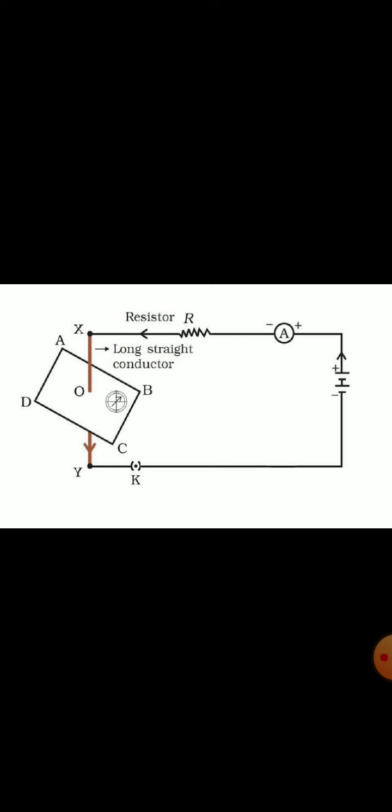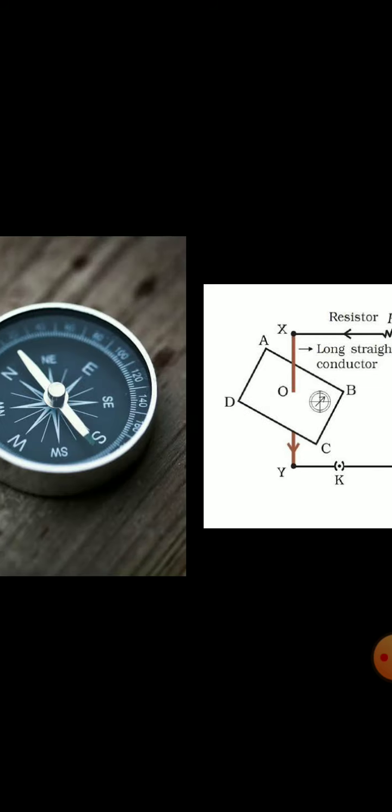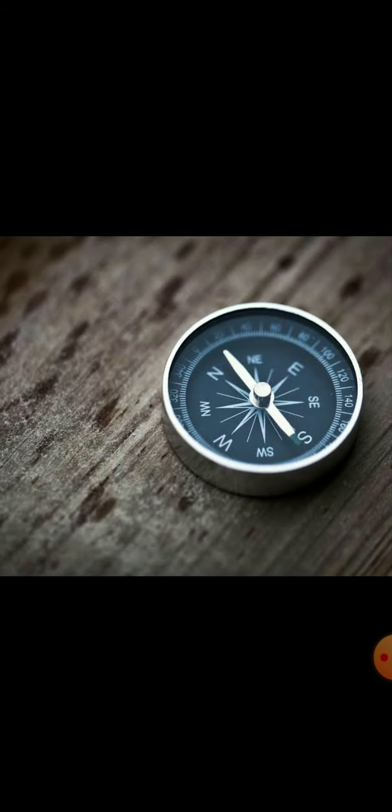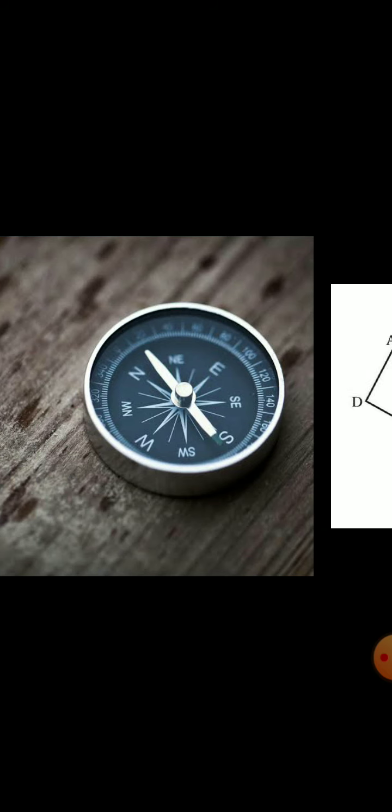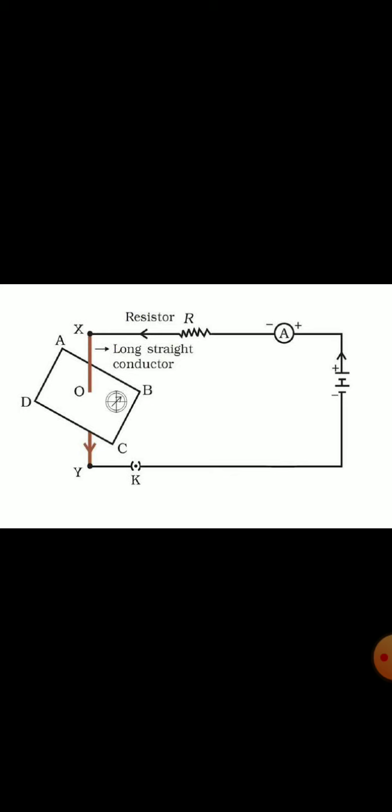Now, we also need a small compass. And this small compass we need to place horizontally near to this copper wire.